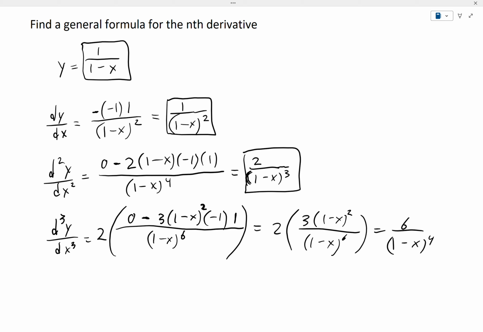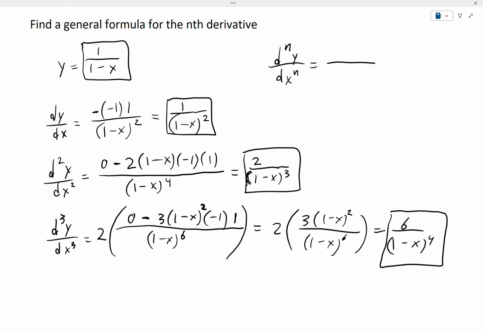So now we can kind of see a pattern emerging. In the denominator, yes, we continue to raise the power by 1. So let's just handle that part of it for now. So the nth derivative is going to be something all over (1 minus x) to what power?